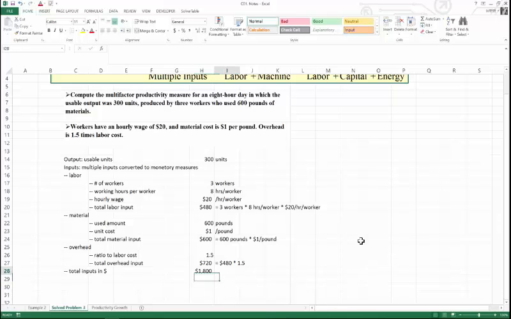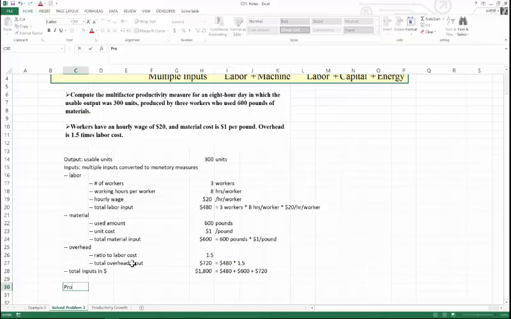So the total is $1,800. More specifically, our calculation is $480 of labor plus $600 of material plus $720 of overhead. We have the output, which is 300 units, and the input from labor, material, and overhead totals $1,800.